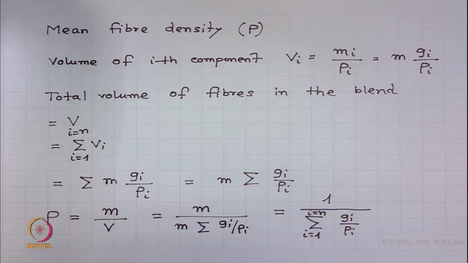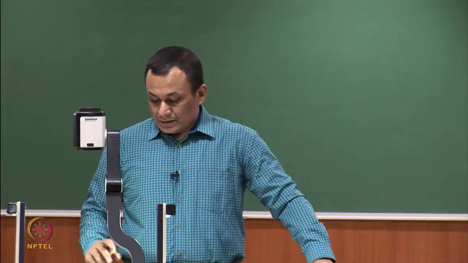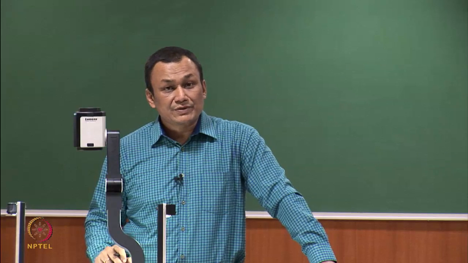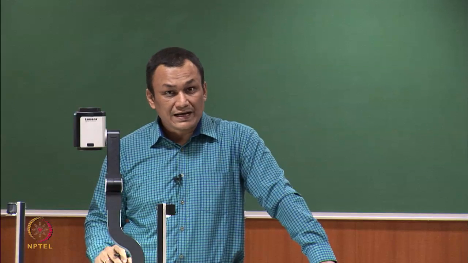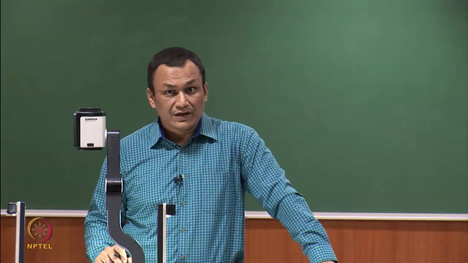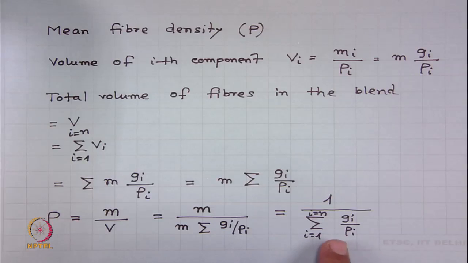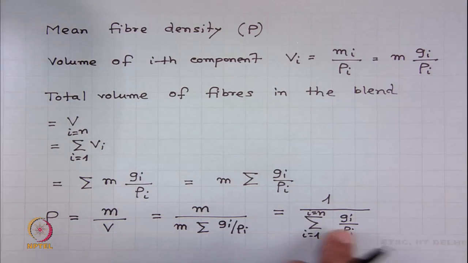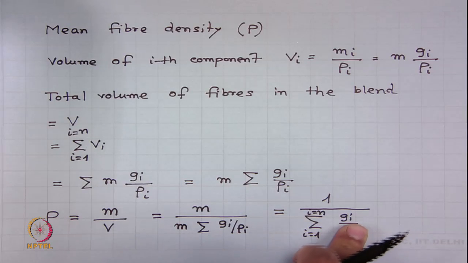What we see is that the mean fiber density of the blend is not an arithmetic mean, not a geometric mean. However, it is the harmonic mean of the individual component fiber densities weighted by mass fraction of the fibers in the blend.